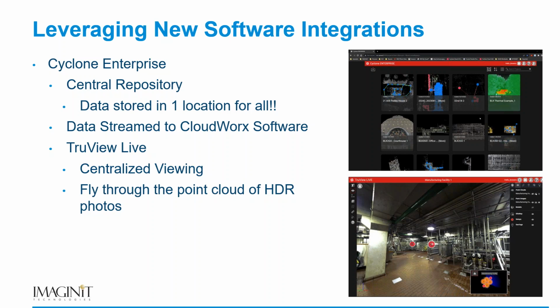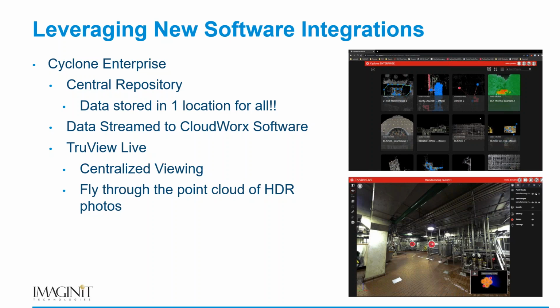I always tell people that Cyclone Enterprise has two major functions. There's some minors, but two major. Number one, it's a central repository for all your point cloud data. It can be web-based on Azure, AWS, or it can be hosted on an internal network.